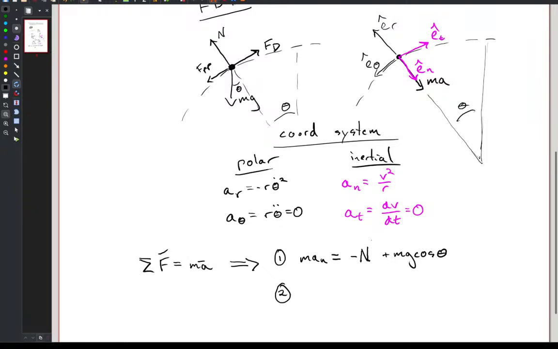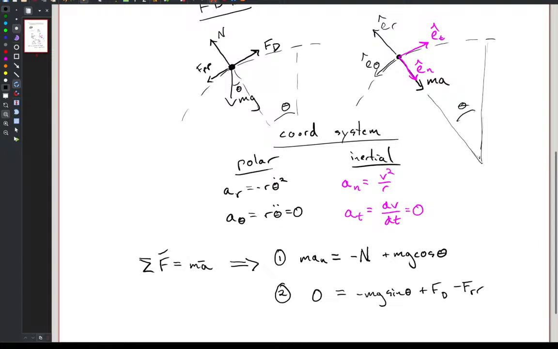Then in that tangent direction, I know my m a is 0. And I can say there's a negative mg sine theta, and then some kind of driving force minus some kind of rolling resistance. But all that stuff is just maintaining a constant speed, and we're not trying to figure out how much power we need.